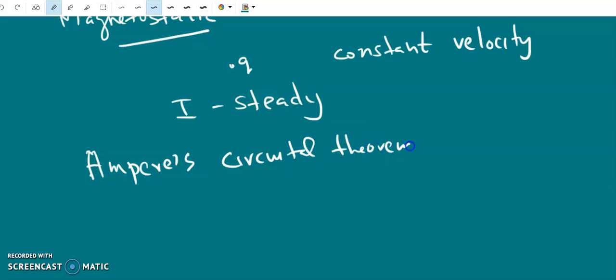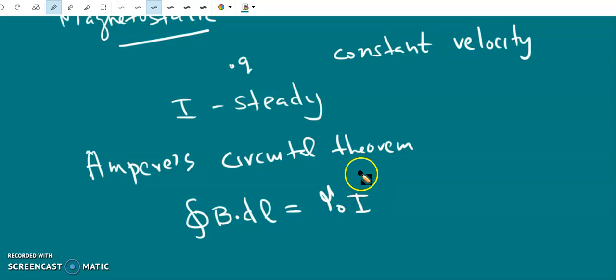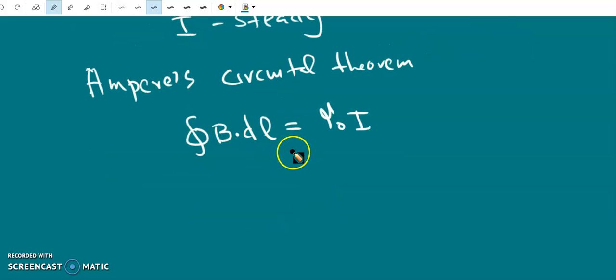So according to this, the closed line integral of a magnetostatic field is mu0 times the current enclosed. Mu0, and you must have learned the applications of this as well. But we will discuss it just. And then the curl of the magnetic field.